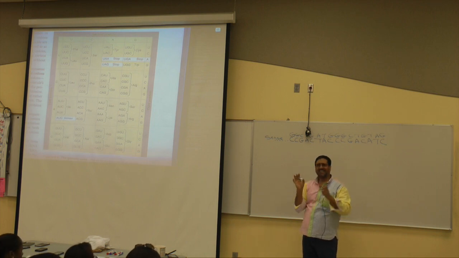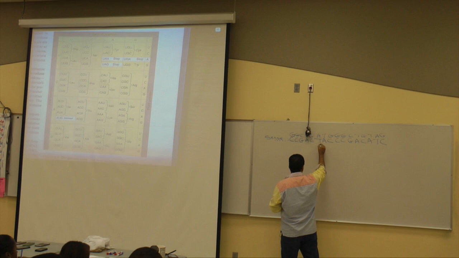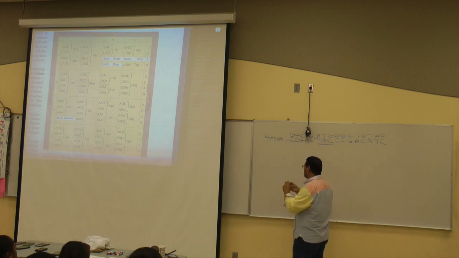Then you just look for TAC in DNA. TAC is the start, so disregard everything else. Look for TAC right there. And TAC in mRNA.